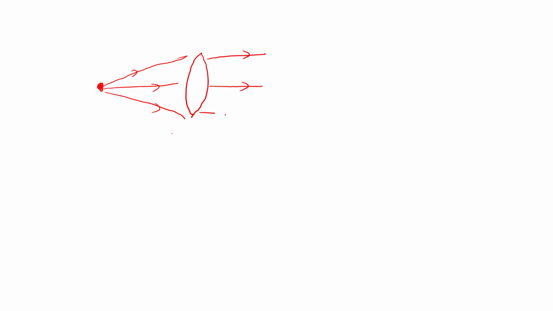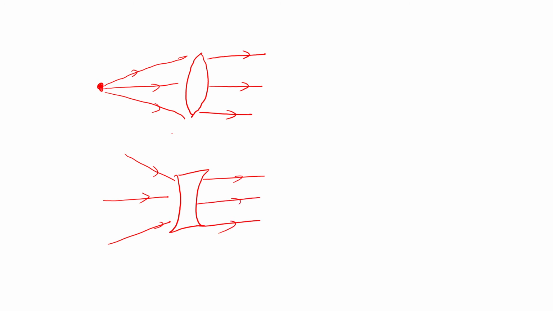So then I can create a set of parallel rays. Similarly, if I have a set of diverging rays falling upon a biconcave lens, then I can convert them rather into parallel rays, right?